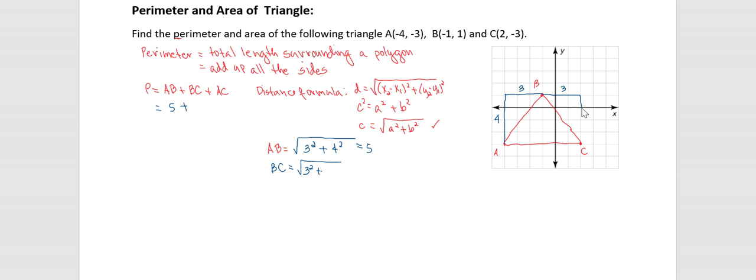Then 1, 2, 3, 4 down towards C. So under the radical sign, we have 4 squared. So the length of line segment BC is the square root of 3 squared plus 4 squared, which is also equal to 5.